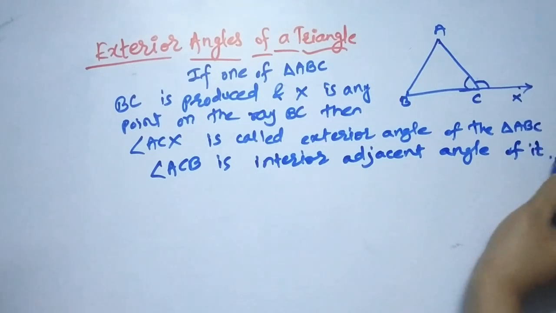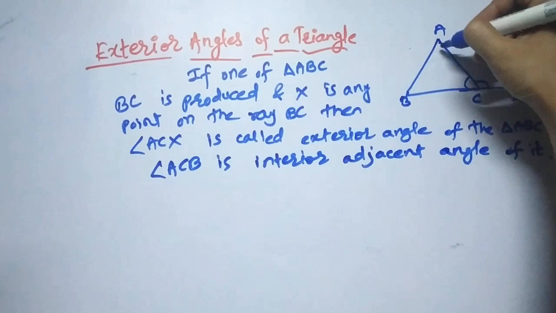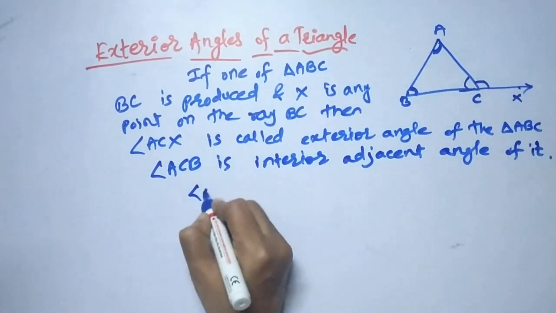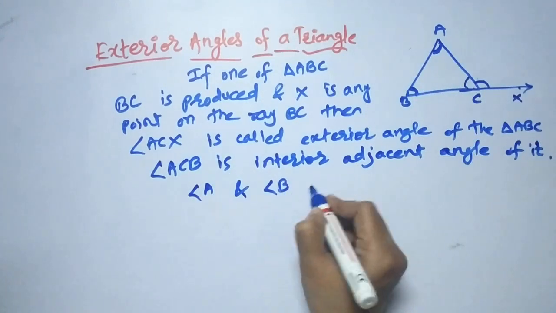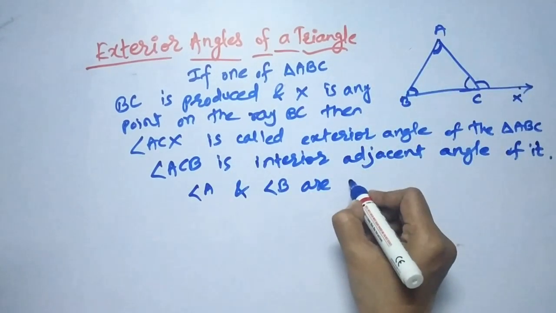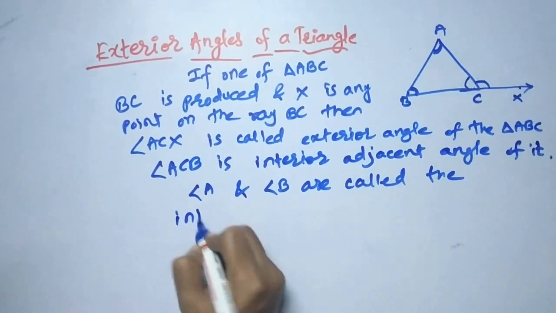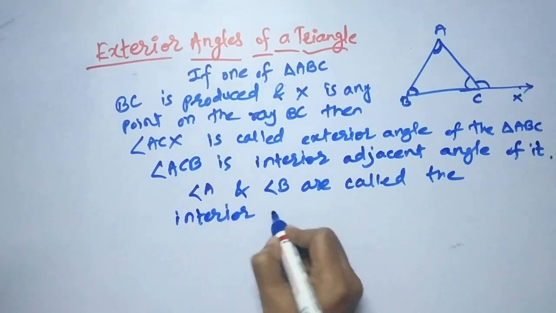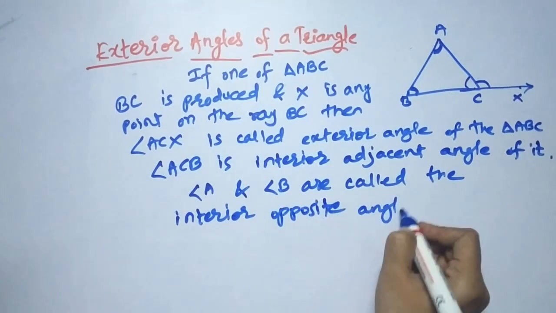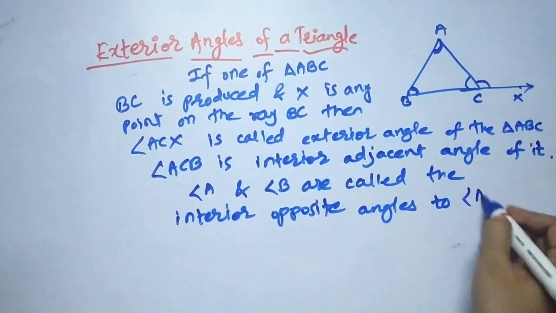Of it means of this angle ACX. And friends, you notice here these are the two angles, angle A and angle B. In this case, angle A and B are interior, but they are opposite, and are called the interior opposite angles to this exterior angle.